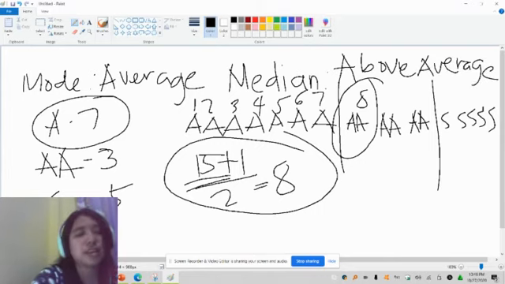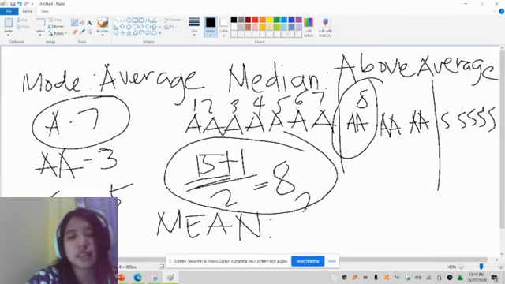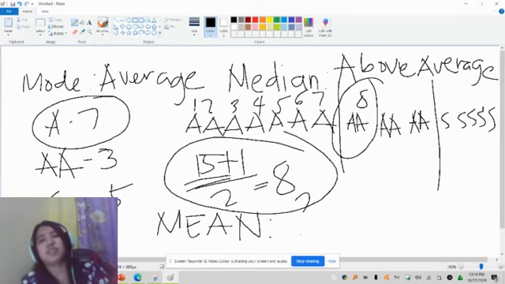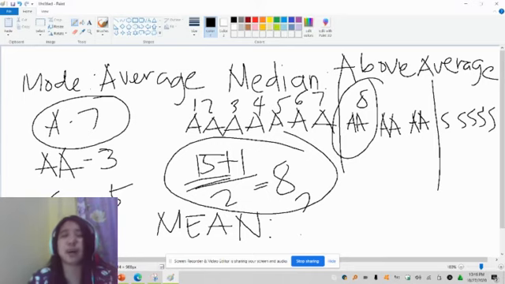How about the mean? Next, is it possible to compute the mean? This is not numerical data. So can I say that above average plus above average plus above average plus superior? Definitely, again, since it's not numerical data, it is ordinal, or qualitative in general, it is again not possible to compute the mean.